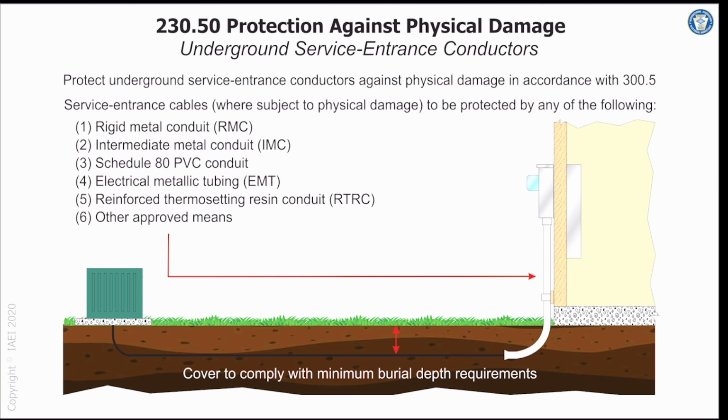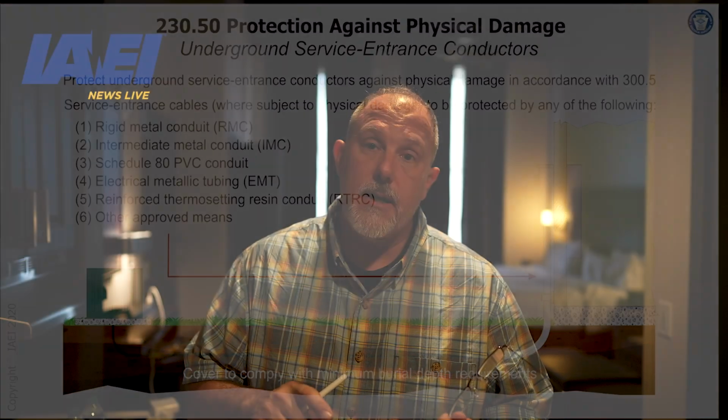This is on the secondary of a transformer. It's an unprotected conductor that we're going to either protect via raceway or conduit. In this case, we're direct burying, so you've got to be mindful of what the depth requirements are, etc.